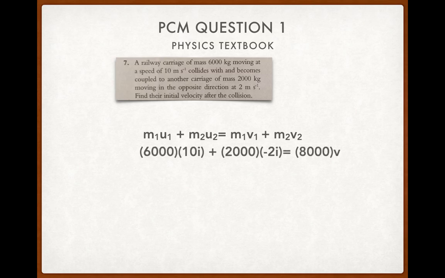So look, I've got plus 10i and minus 2i for the opposite directions. And the velocity there works out as 7i. Again, should make sense because the heavier mass with the larger velocity is going to dictate the final velocity more than the other one. So we end up going in the same direction as the heavier particle moving at a quicker speed.